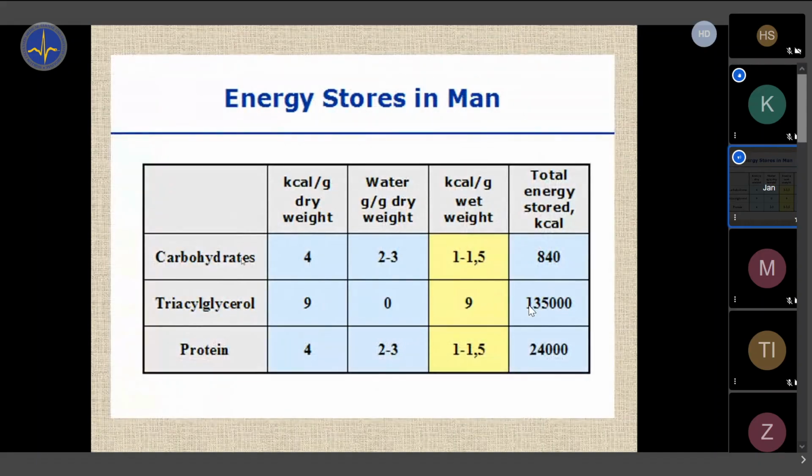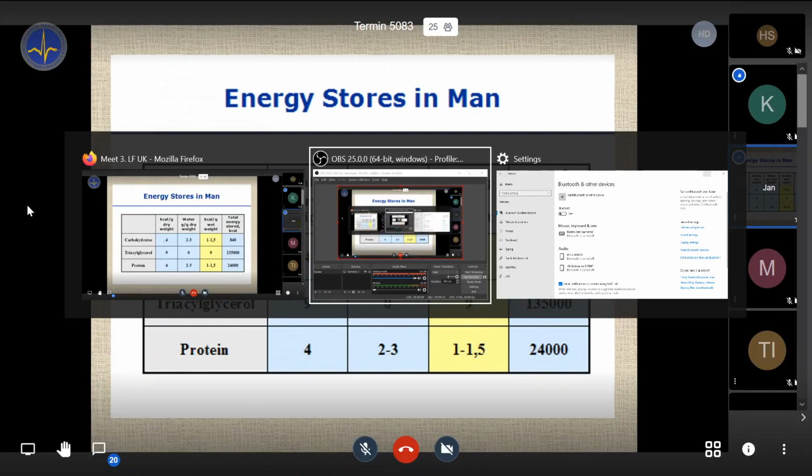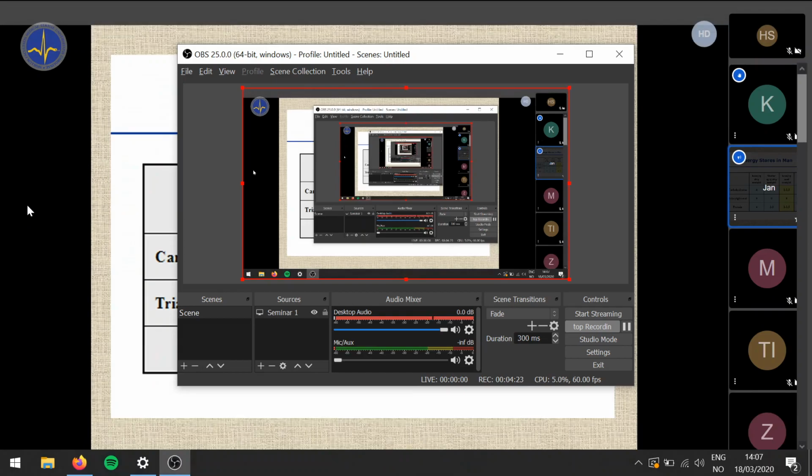Something which is good to remember or refresh is that we have lipids and carbohydrates, lipids and saccharides, as a source of energy on a daily basis. Usually we don't calculate proteins as a source of energy. So lipids and carbohydrates, and maybe we should remember even in the 6th year that 1 gram of lipids gives us 9 calories, and 1 gram of carbohydrates, of starches, gives us about 4 calories per gram.